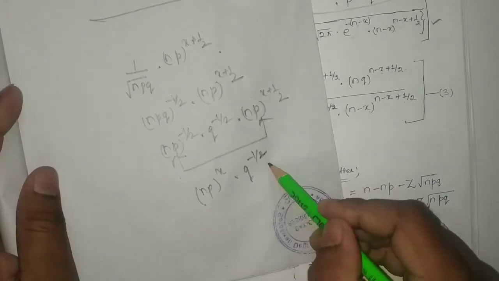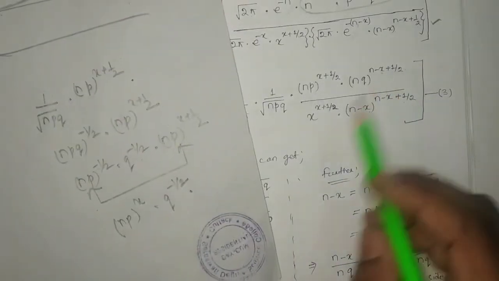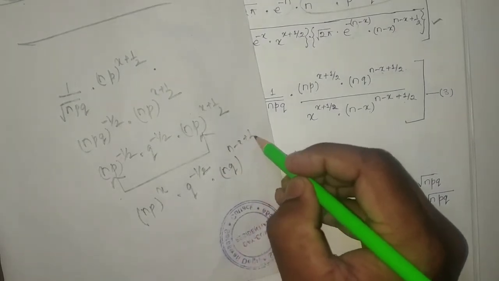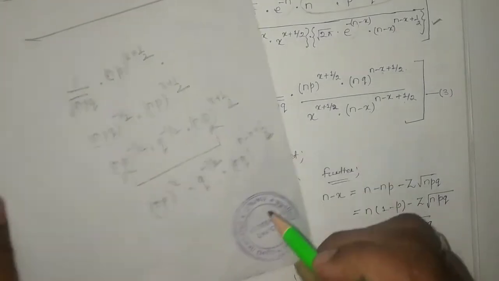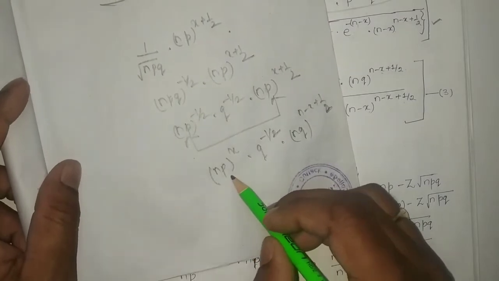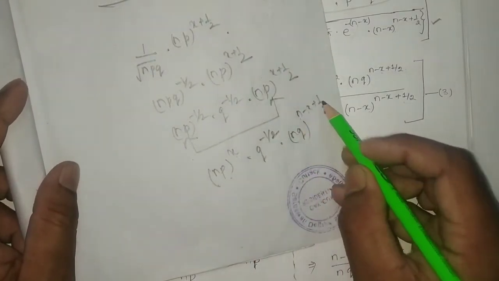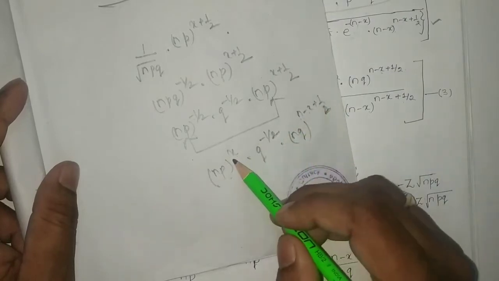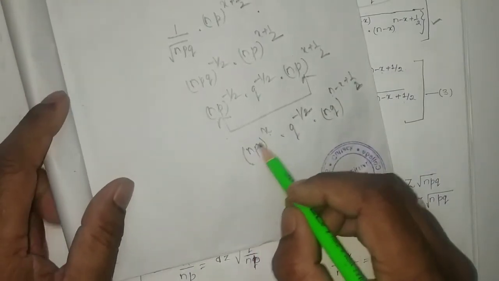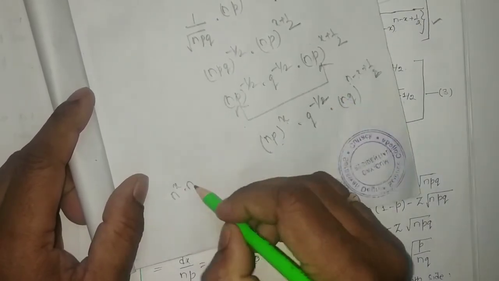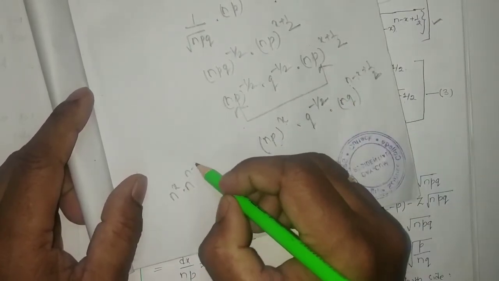Now this term is there, that is your nq to the power n minus x plus 1 by 2. Okay. Now here nq to the power x and nq to the power n minus x plus 1 by 2, you just add these two. So first we have to add the power of n. So here n to the power x and n to the power n minus x plus 1 by 2.